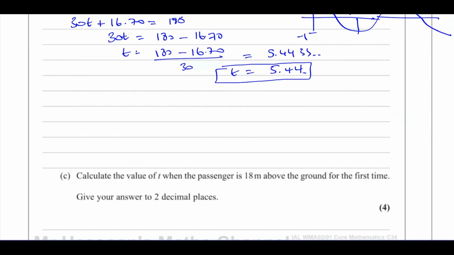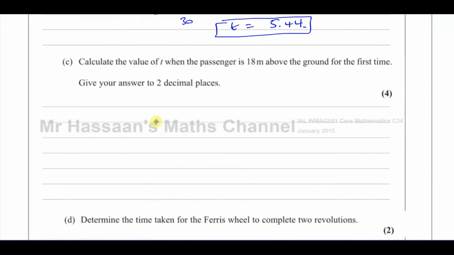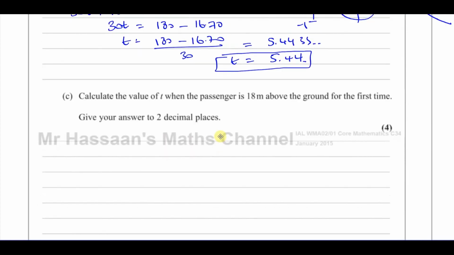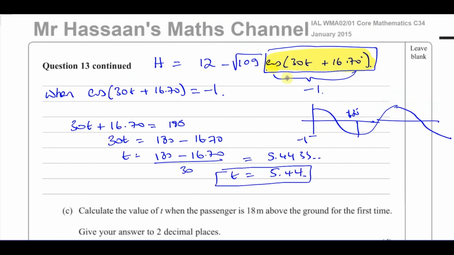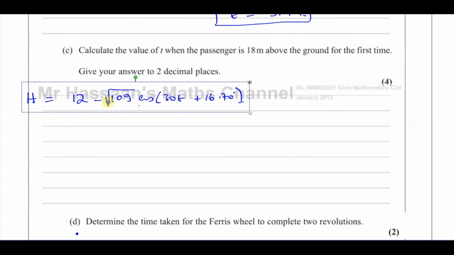Now for question C, it says calculate the value of t when a passenger is 18 meters above the ground for the first time. So I'm going to take this again. Yeah.